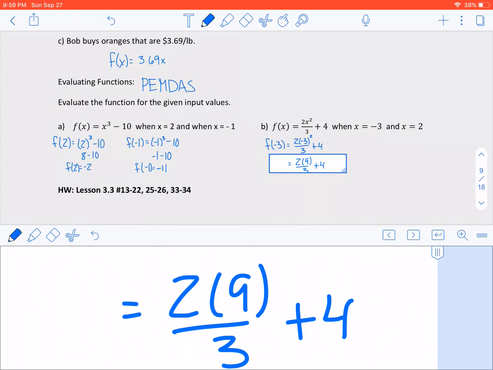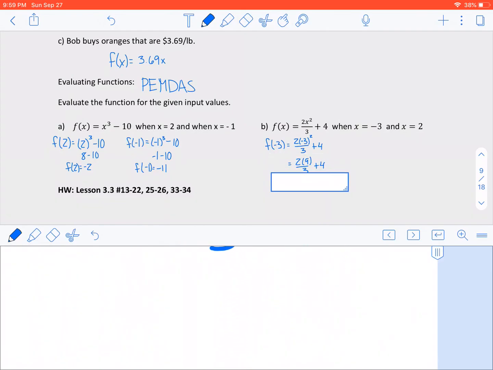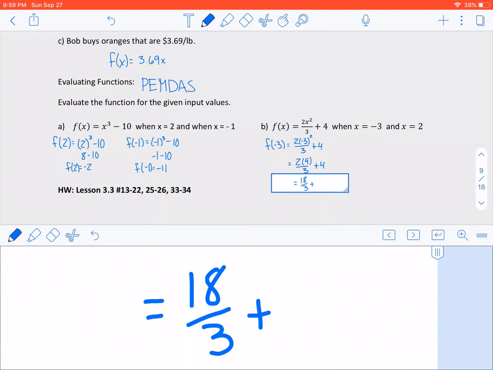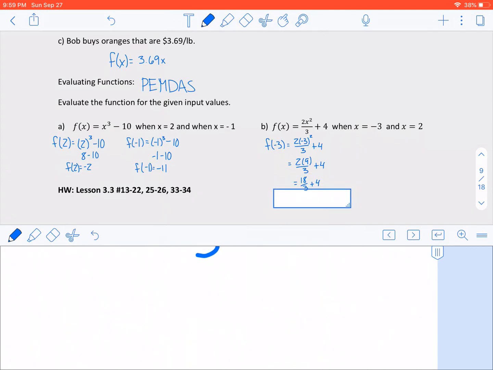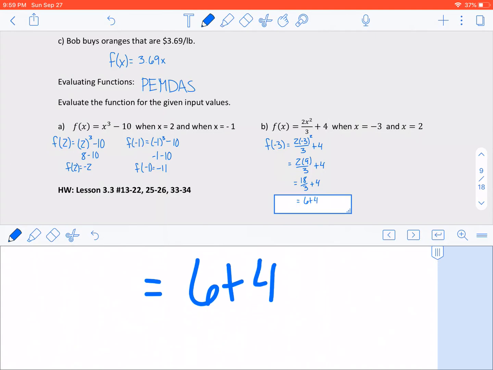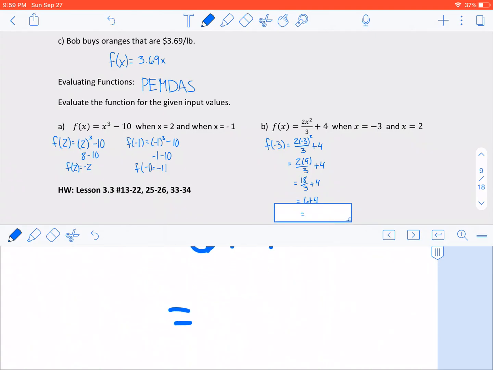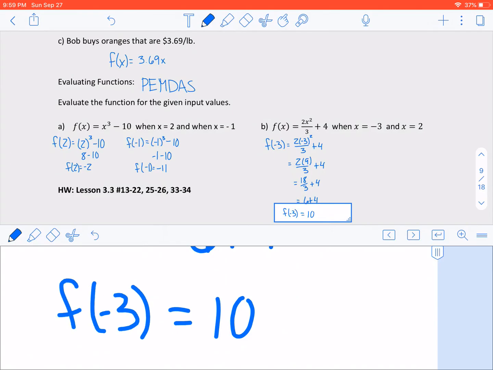So I go 2 times 9, 18. So that gets me 18 divided by 3 plus 4. 18 divided by 3 is 6, plus 4, which gets me 10. So the function evaluated at negative 3 is 10.